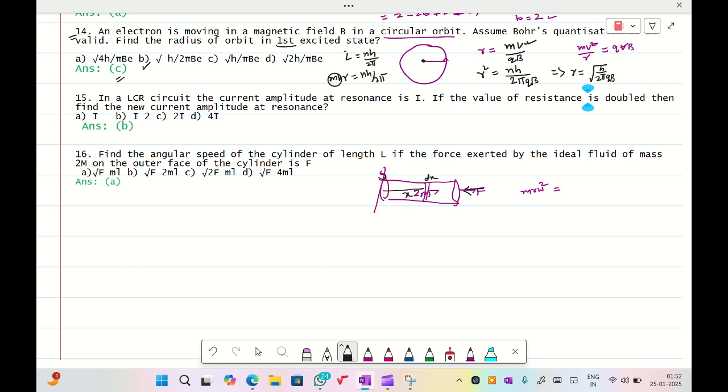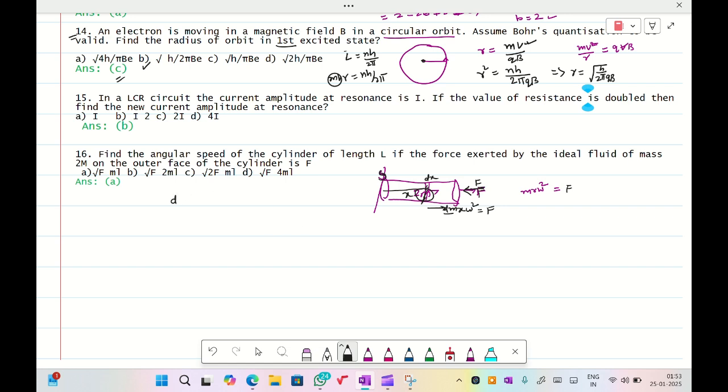Due to the rotation of this cylinder, which has fluid of mass 2m, the centripetal force is acting in the opposite direction, which is dm into x omega square, the mass of this element into x omega square. The force applying on this is acting in the direction in the diagram.